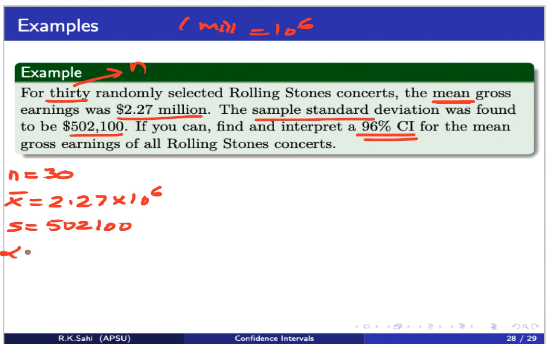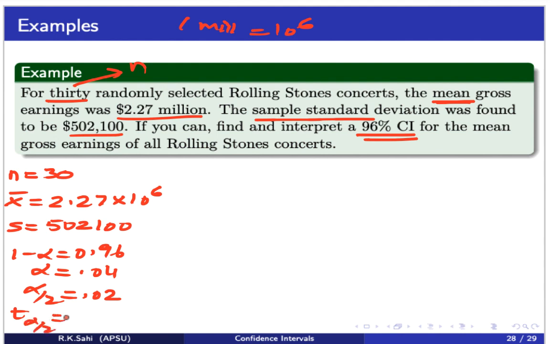The confidence level is 96%, guys. So 1 minus alpha is 0.96. Alpha is 0.04. Alpha by 2 is 0.02. T alpha by 2 is T.02, which is inv T.